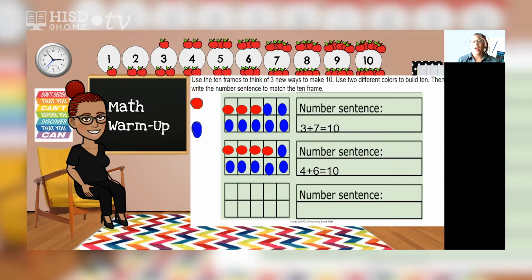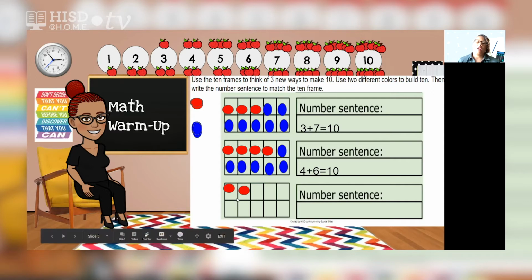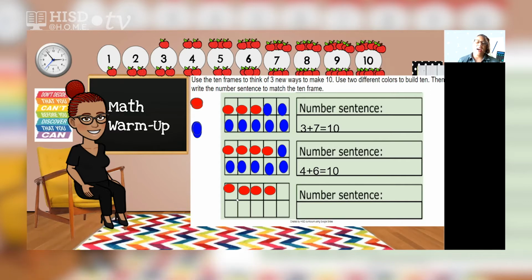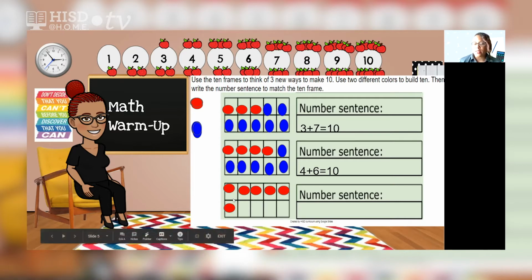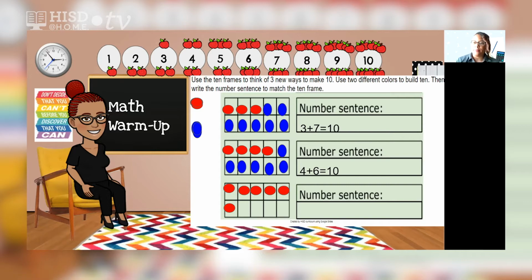This time, let's try 6 red counters to start with. 1, 2, 3, 4, 5, 6. How many blue counters am I going to need to put with it to make the number 10? Ta-da! You guys are so smart. I cannot trick you.